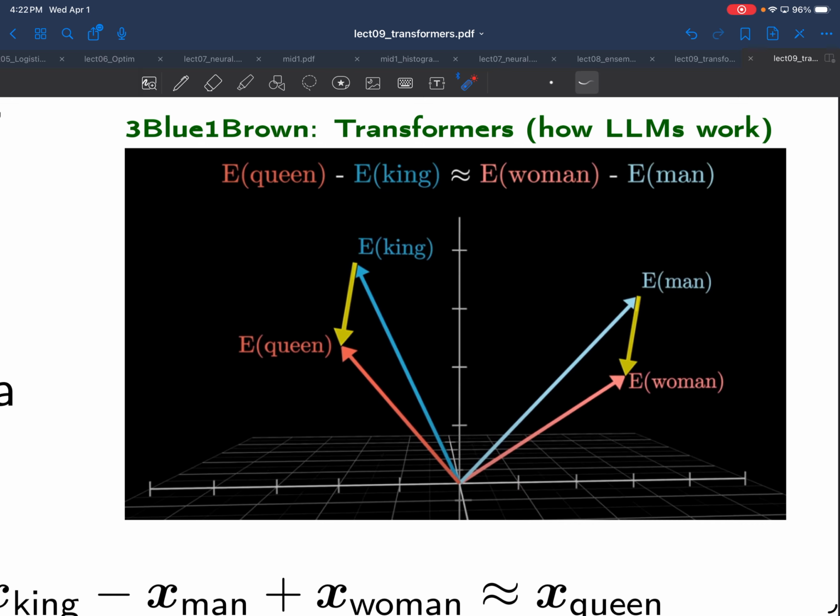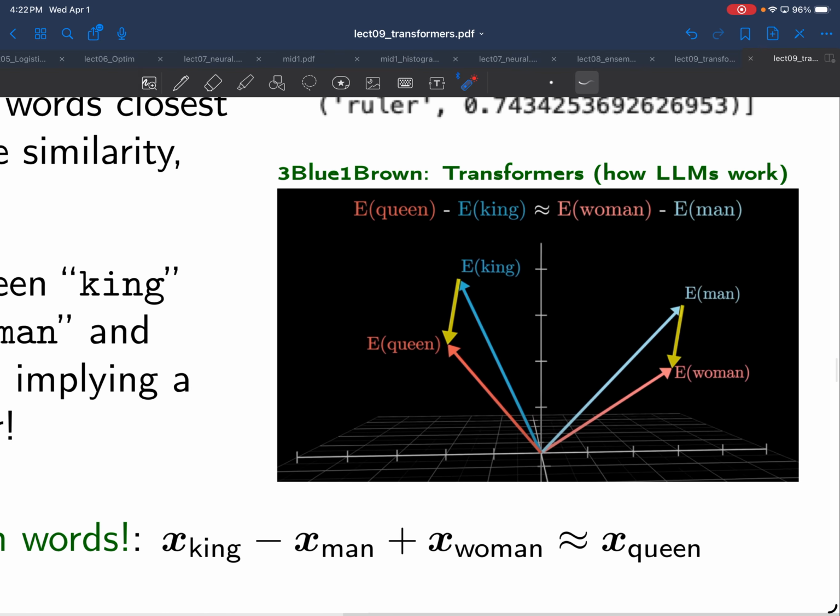Gender might be pointing in this direction, and maybe royalty is pointing in that direction. You get combinations of gender and royalty, and you can construct these things. Of course, there's more to king and queen and man and woman than gender and royalty, but at a high level, those are the relationships.